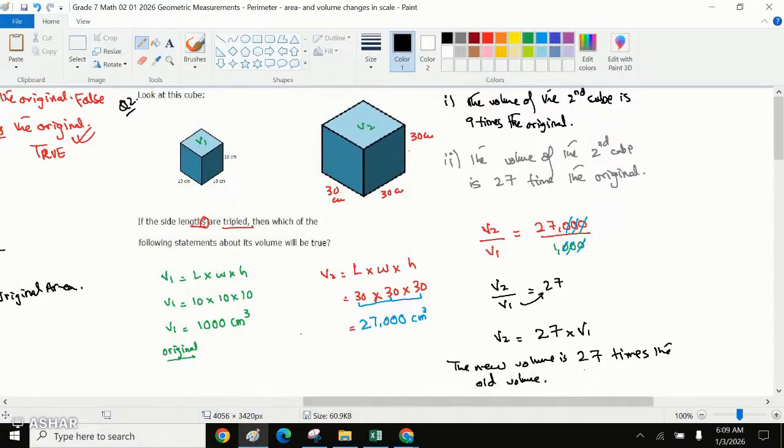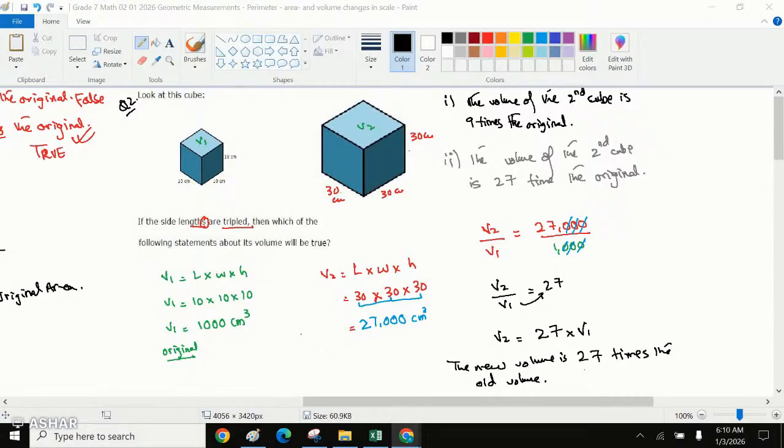So which statement should be correct? Can anyone answer? Statement number 1 or statement number 2? Because we have two options over here. The volume of the second cube is 9 times the original. Or the second statement, the volume of the second cube is 27 times. So whenever we need to find the ratio, we find the volumes and compare them.